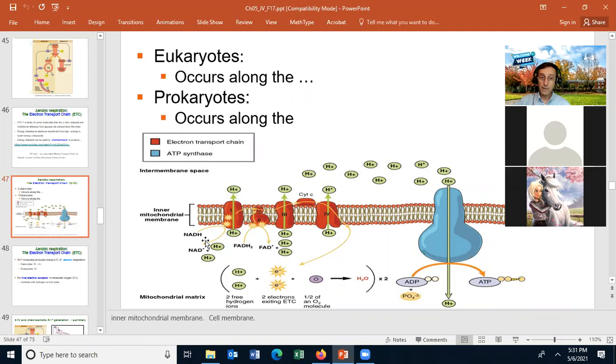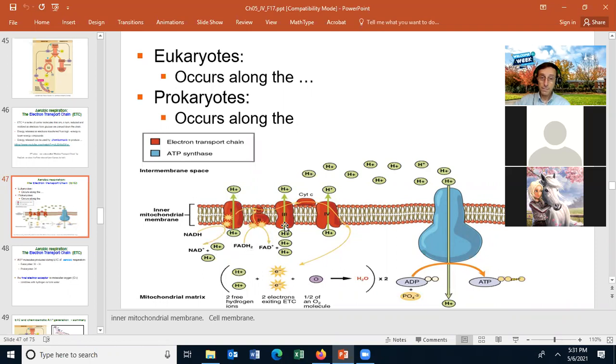And that's why NADH is more efficient. The first protein in the chain does pump hydrogen ions from this side to that side. So NADH pumps more hydrogen ions than FADH2.